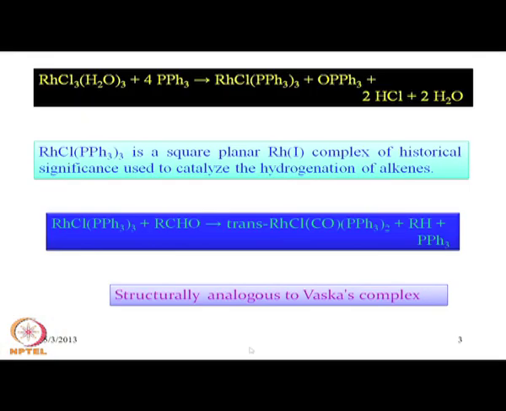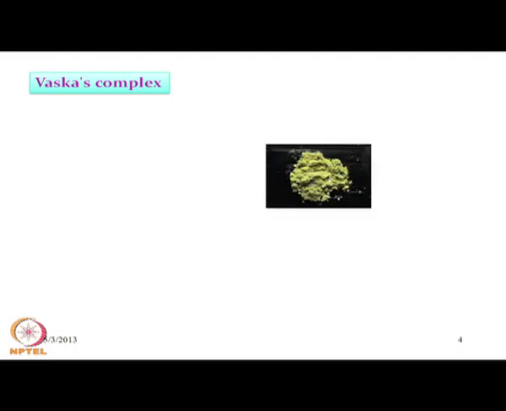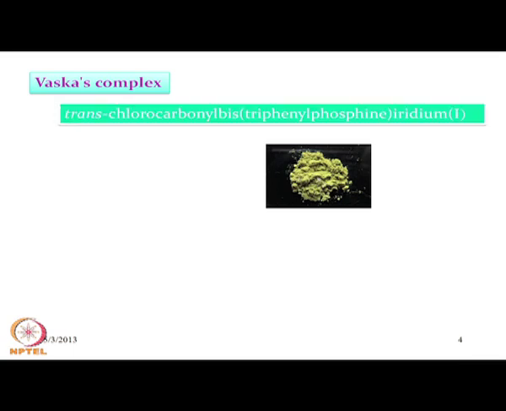So, let us now see what is that Vaska's complex, which is similar to that of the product what we are getting from the corresponding Wilkinson catalyst. It is a yellowish green powdery compound which can be very easily prepared, and if we just see the 3 types of ligands present, which is the Cl, the carbon monoxide and the triphenyl phosphine.